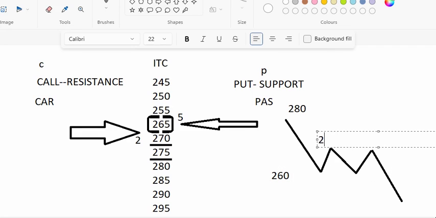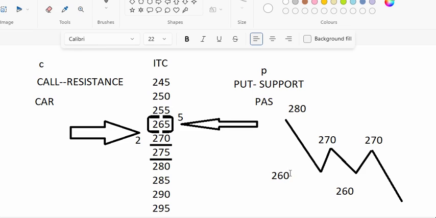This one is 270. Similar to this one, 270, and similar to this one, 260. So what is happening? If the market drivers want to drive the market to the other side, say from 280 falling all the way to 260.